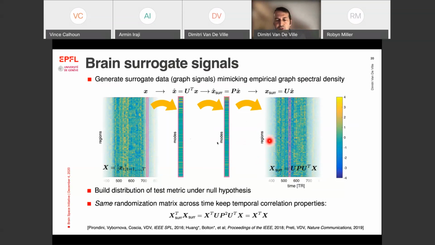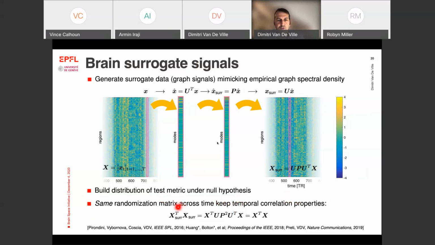But one important remark here is that for one surrogate data set, we will always keep P fixed. So it means we have the same randomization matrix across time. And that will exactly maintain temporal correlation properties. It's again a one-liner to see this.